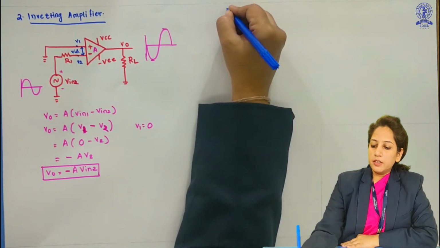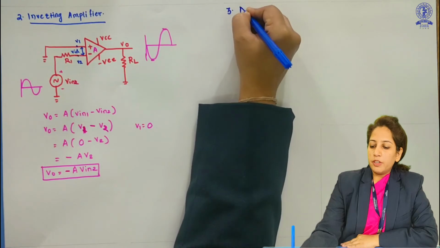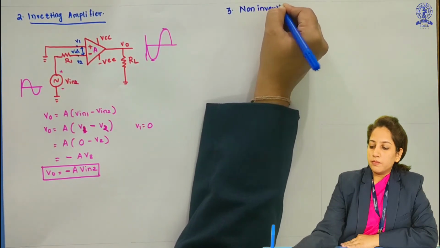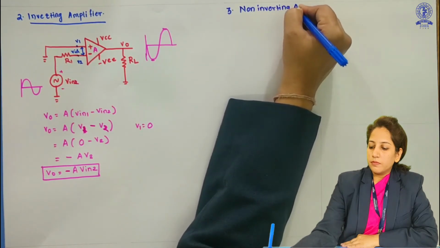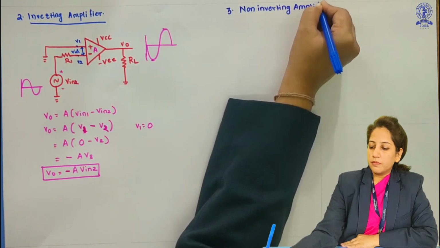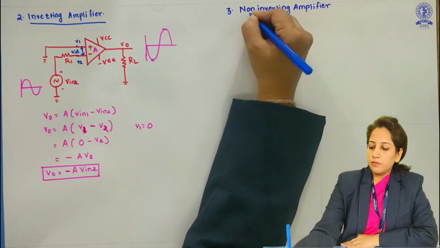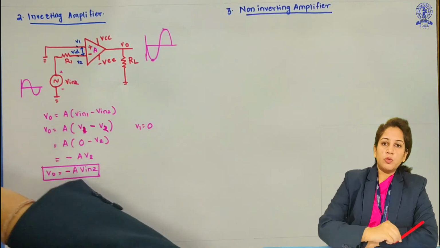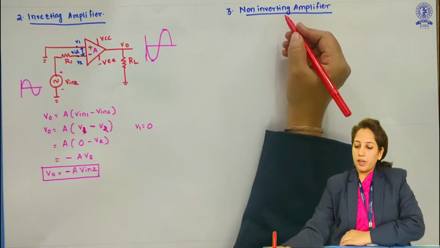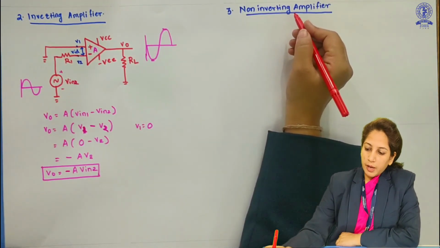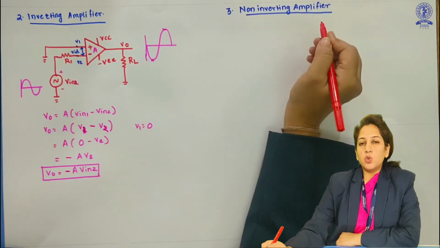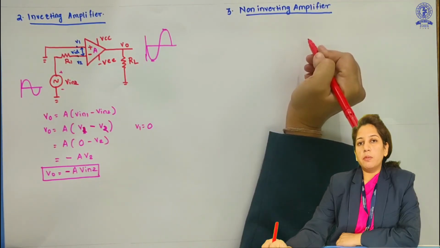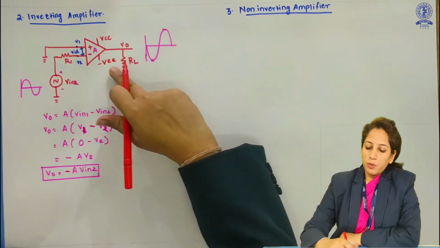Now third is the non-inverting amplifier. We will draw a circuit for a non-inverting amplifier. As I have told, for the non-inverting amplifier we will apply the source voltage to the positive terminal, and our negative terminal will be grounded. So opposite of this.